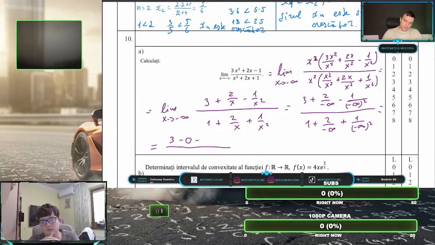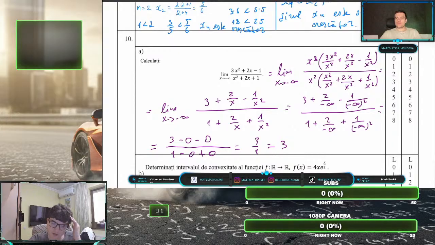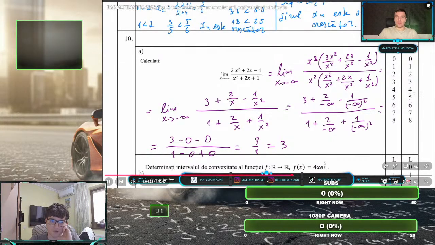Minus 0 there, plus 0, but we have another minus there, so minus 0 again. 1 minus 0 there, plus 0, because second power, no minus over again. So that's 3 divided by 1, so that's 3. Okay, so that's that.